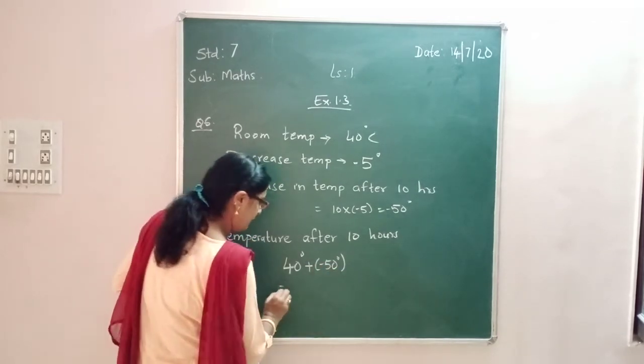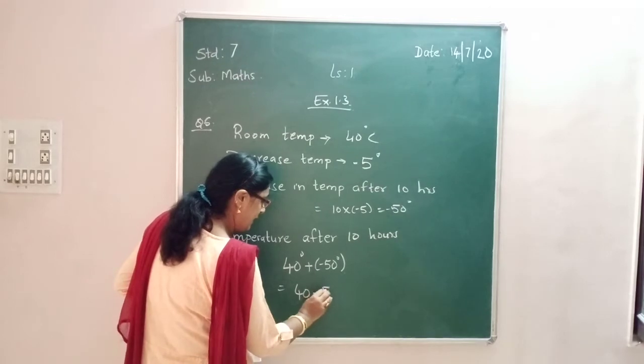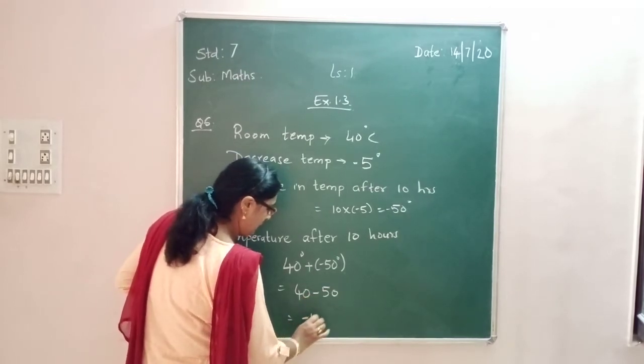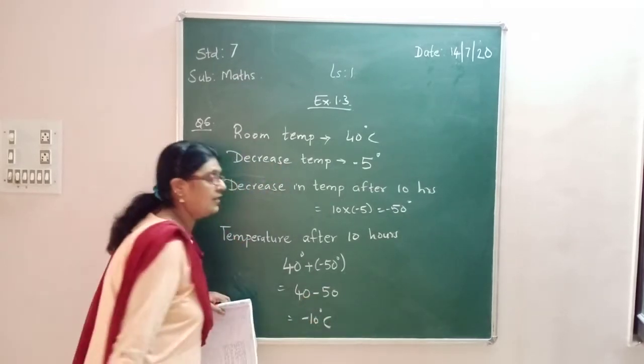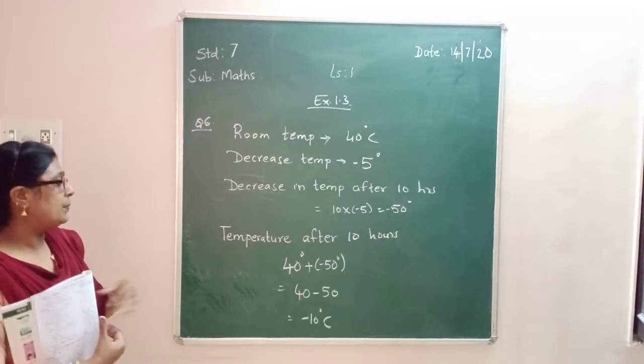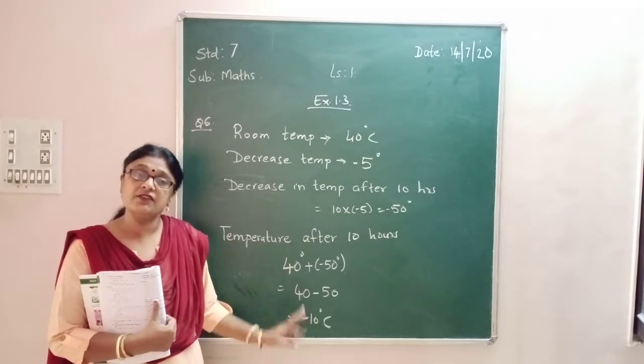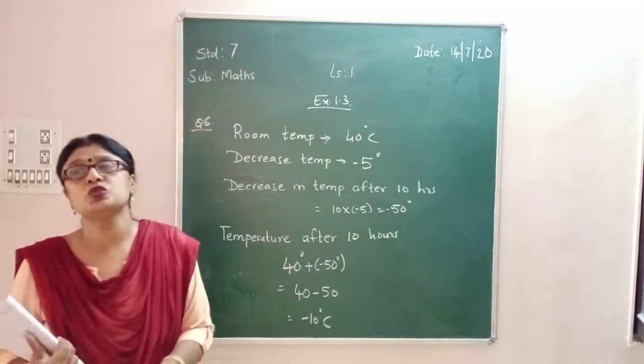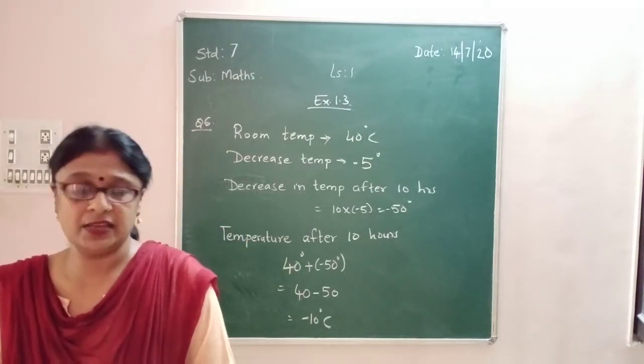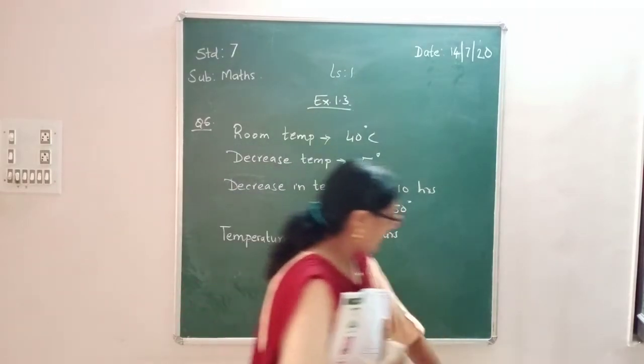So that is equal to 40 minus 50, that is equal to -10 degree C. So the temperature after 10 hours will be -10 degree C. From 40 it will reduce to -10 degree C. Okay, fine. So now that is 6th one.